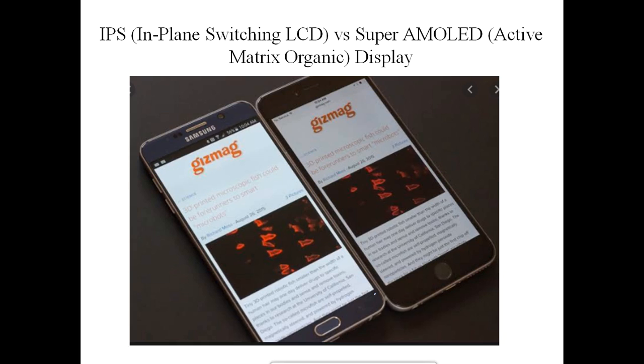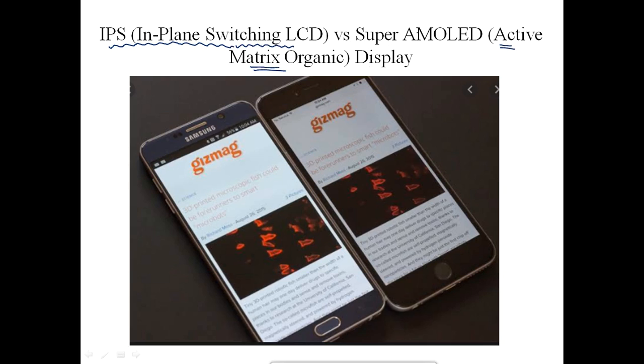Both are LCD types, but their switching is slightly different. IPS stands for in-plane switching LCD, which means the switching is in plane, whereas in Super AMOLED there is an active matrix organic material which is responsible for the display.